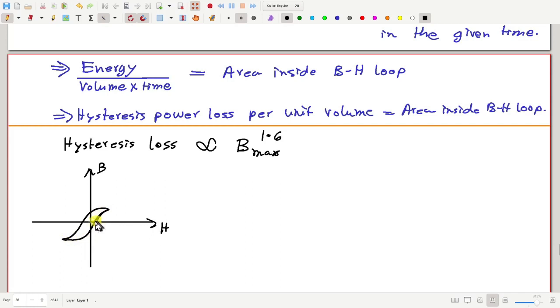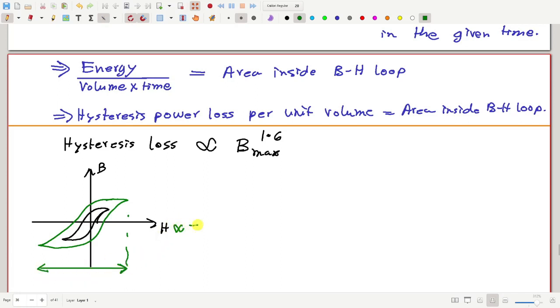Okay, and then I take a larger value of sinusoidal current and draw the graph. Now it will be like this. Okay, so in the second case, how much is the current varying? It is varying from here to here. So the current is varying more.